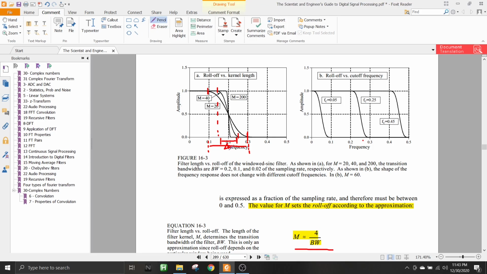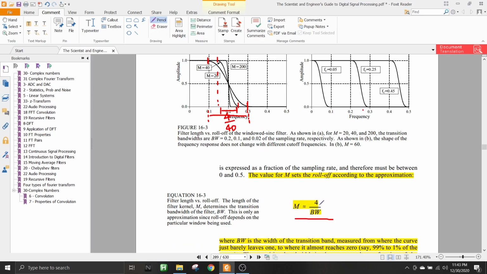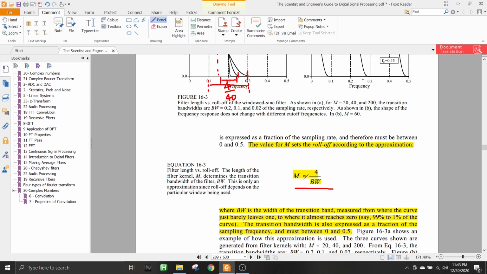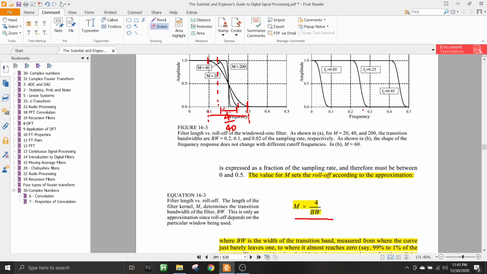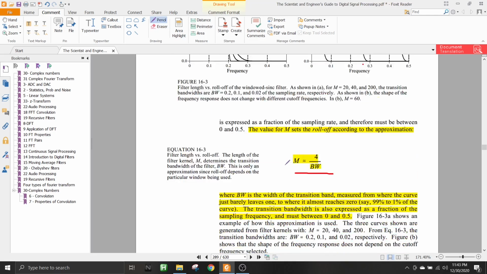This is how you would find the bandwidth using M. These are not exactly equal, something close, as you can see. This is an approximation. So that is all about the bandwidth and the size of the kernel, the relationship between them.